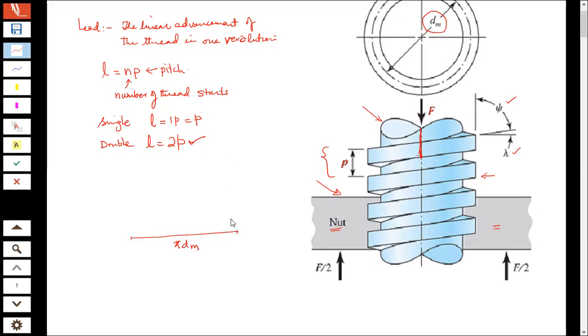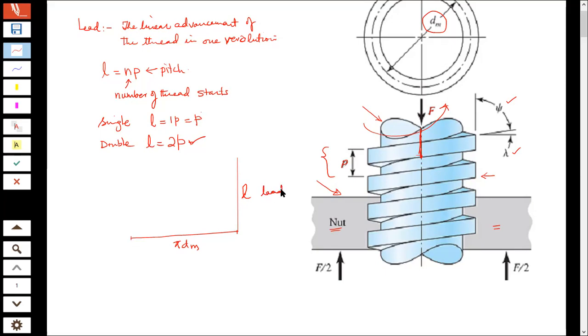Now, if I rotate this screw for one whole revolution, it's going to give me a dimension over here which will be equal to L, and that's going to be the lead.